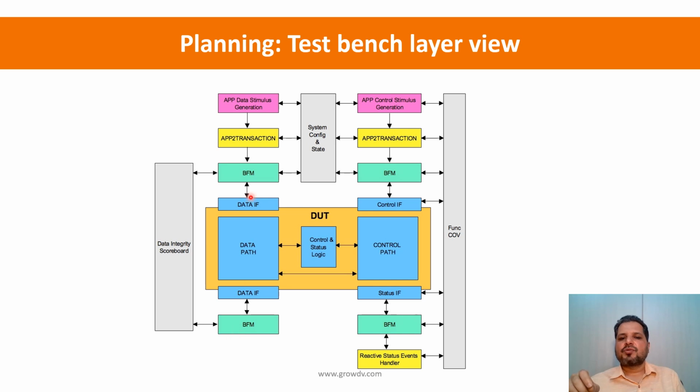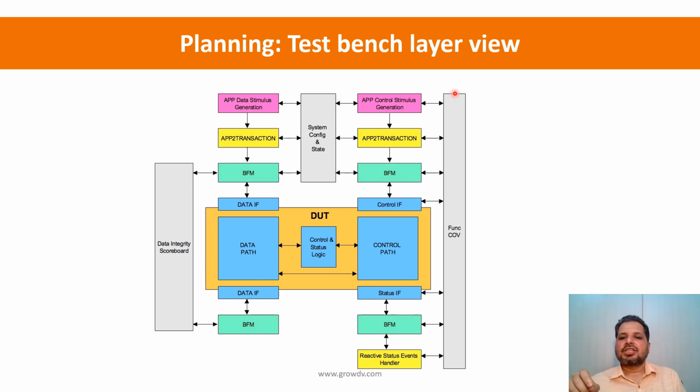Because these BFMs will do the individual interface level checks, this BFM will not be able to do the checks about what is happening on this side. So the end-to-end functionality of the design, whether it is satisfied or not, is taken care of by your data integrity scoreboard.